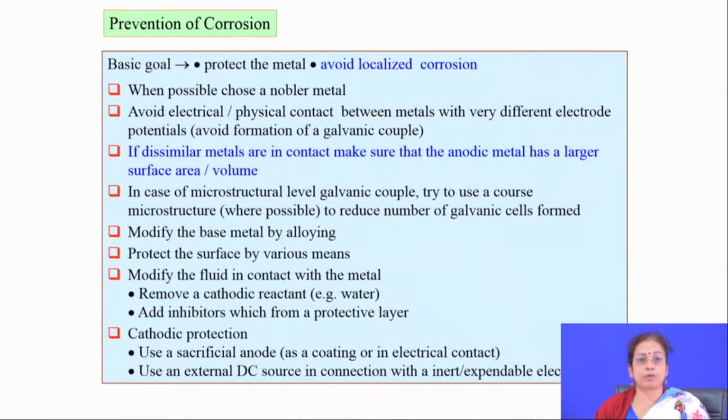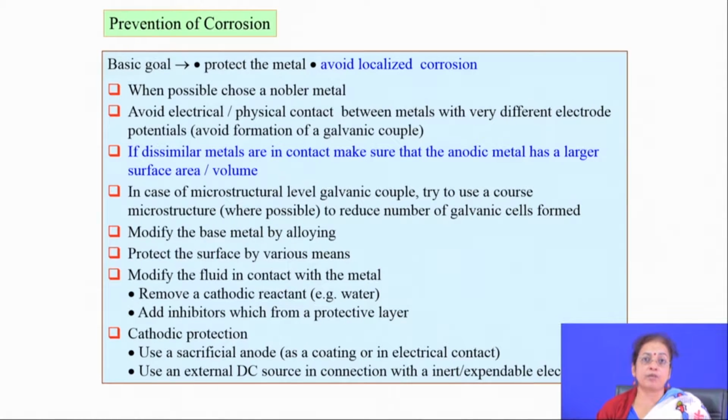You have to follow the proper thumb rule for designing of dissimilar components. Particularly in the case of microstructure level galvanic couples, try to use a coarse microstructure to reduce the number of galvanic cells. In other words, try to use a homogeneous component with a homogeneous microstructure, so that there is no possibility of formation of a microgalvanic cell.